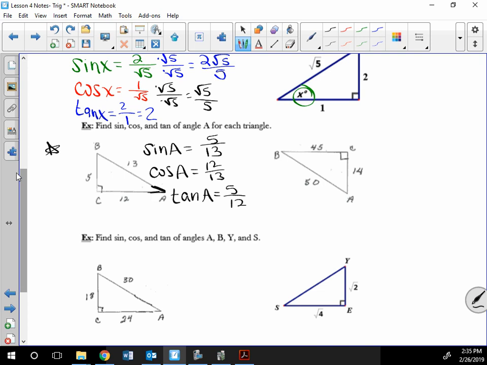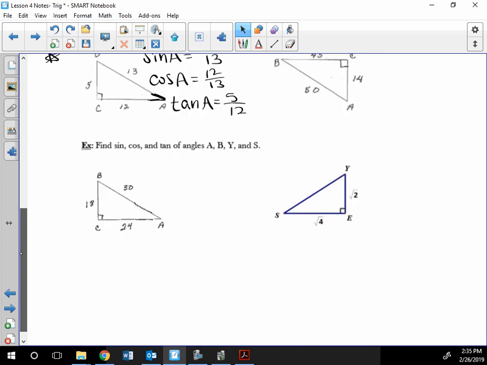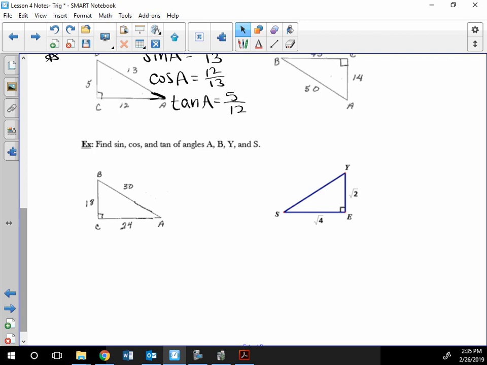Okay. Now, I want to take a look at something else with this. Let's put this one down here. So I'm going to slightly change the directions here. It says find sine, cosine, tangent of our angles. Let's just stick with this one.